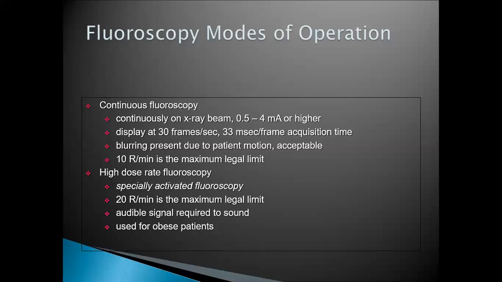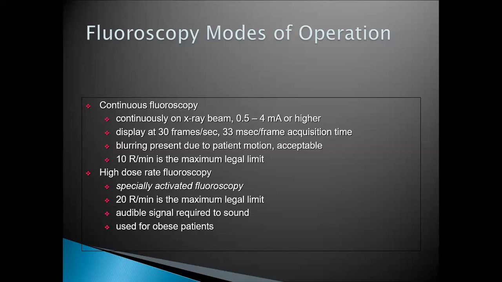The maximum legal limit is 10 roentgen per minute. In fact, more than 80% of all fluoroscopy operations are done at this range, at the continuous fluoroscopy level.